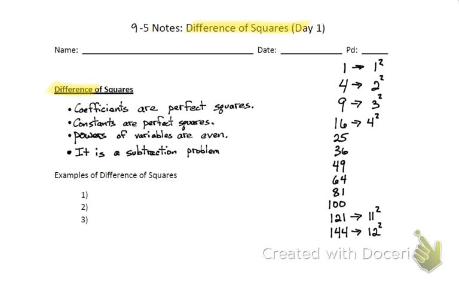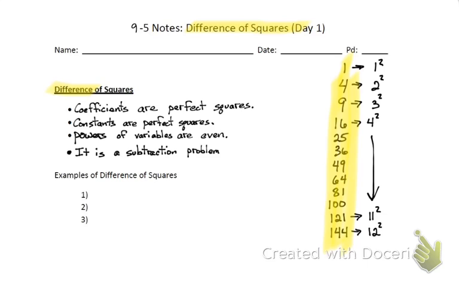So again, obviously in between there you have 5 squared, 6 squared, 7 squared, so on. But really these are the perfect squares that I really feel like you should know, have memorized, so that you can easily access those. 1, 4, 9, 16, 25, 36, 49, 64, 81, 100, 121, and 144.